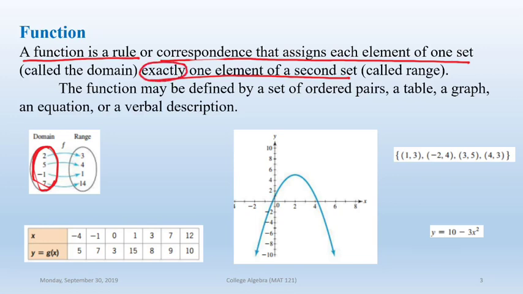Each element of the first set is associated with exactly one element of the second set. So from the first set, 2 is associated with 3 only, 5 is associated with 4 only, -1 is associated with 1 only, and 7 is associated with 14 only. That means this is a function. Yes, it is a function.